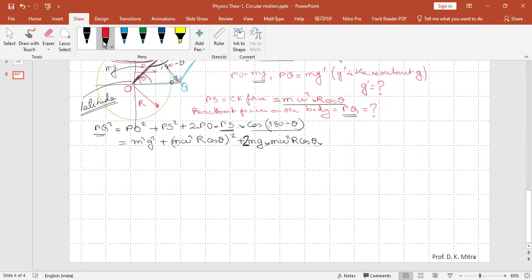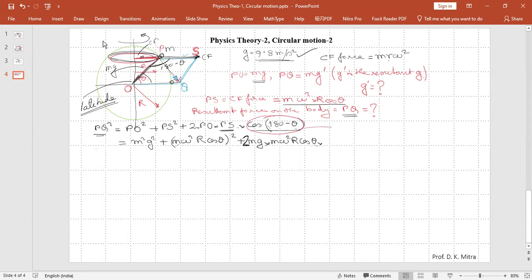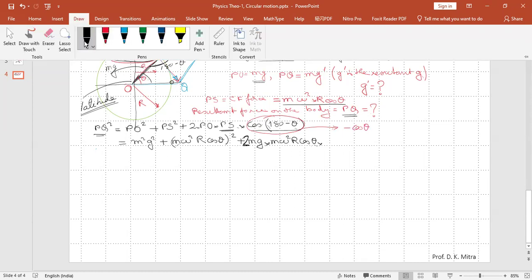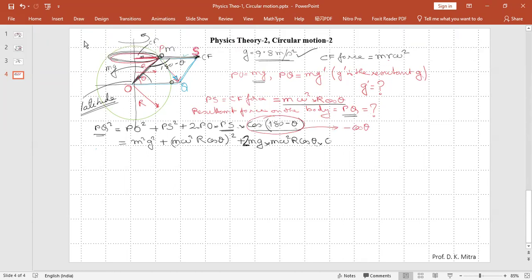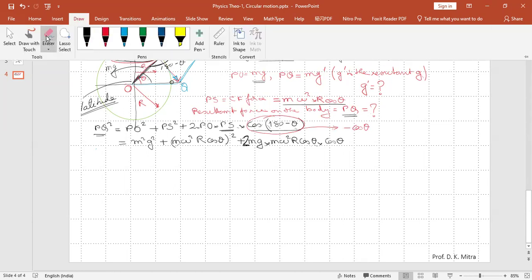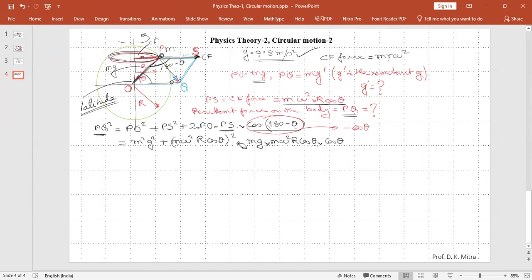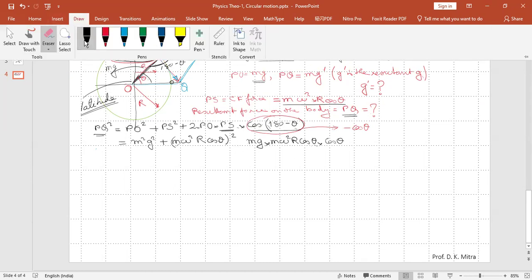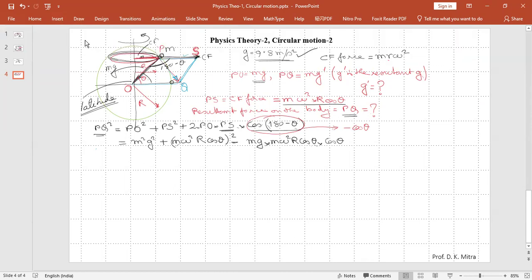Cos of 180 minus theta is equal to minus cos theta from your trigonometry class. So there will be another cos theta, and this plus sign will be erased. Instead of that plus sign, there will be minus sign, minus 2, etc., etc. Right?